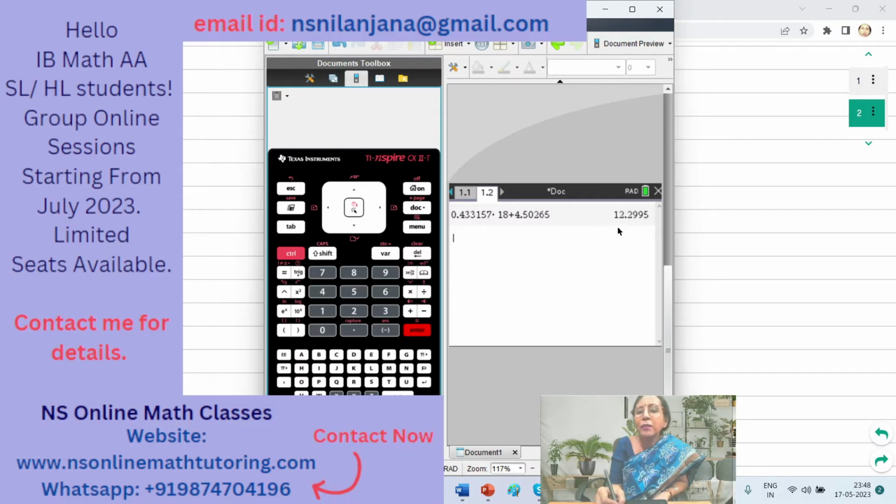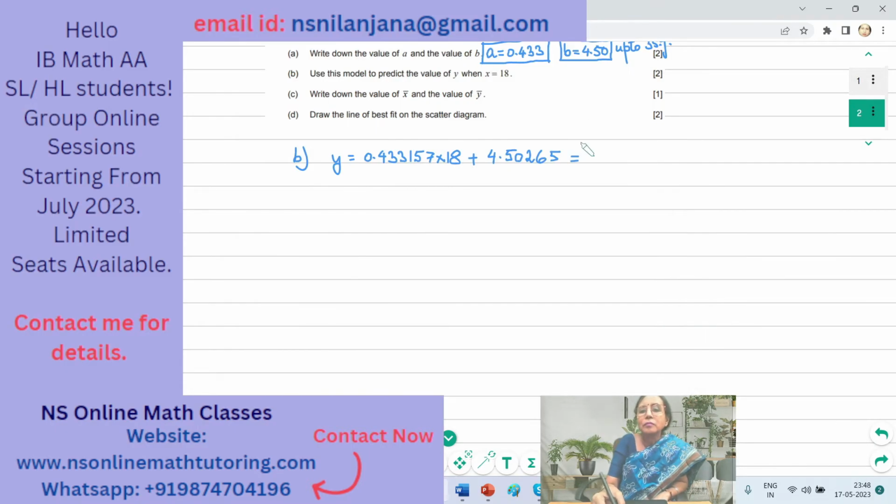So up to 3 significant figures, we can take the y value to be equal to 12.3. So y is equal to 12.3.